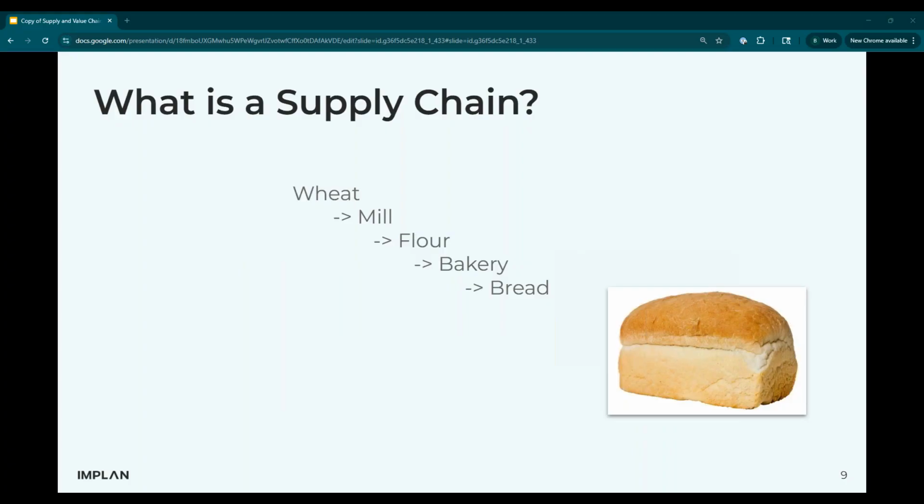Wheat goes to the mill where it is transformed into flour. It is then transported to a bakery where it is transformed into bread. There's a lot of process associated with this, but each of these nodes could also be expanded to a different supply chain, right? So there are multiple supply chains that feed the production of bread.